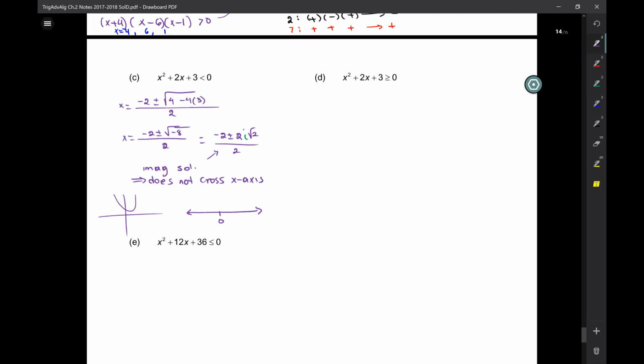It's going to be positive. What if I put a positive number in there, like 1? It's going to be 1 squared plus 2 times 1 plus 3. Positive. What if I put 0 in there? Positive. So it's positive everywhere.